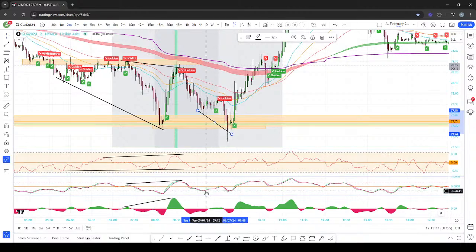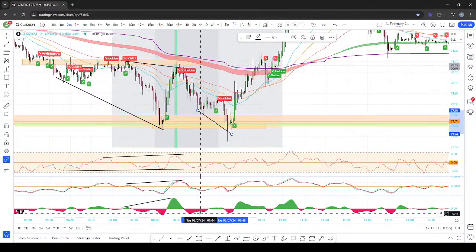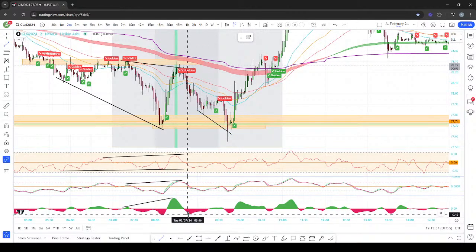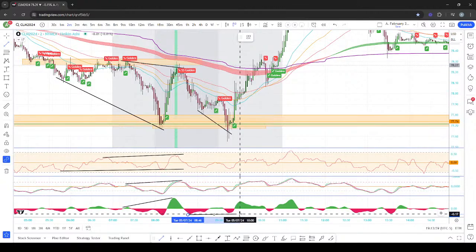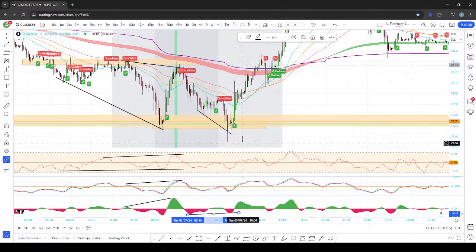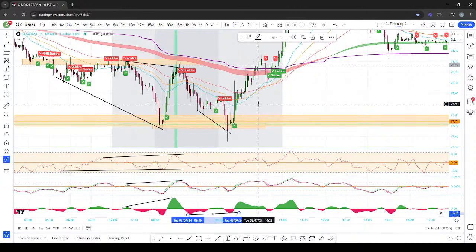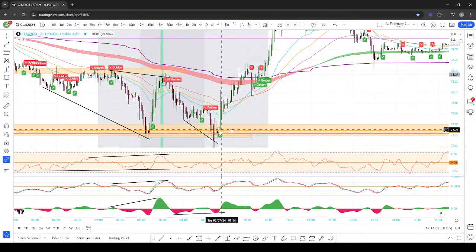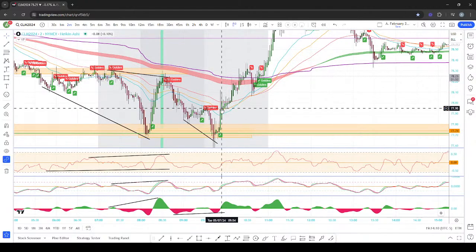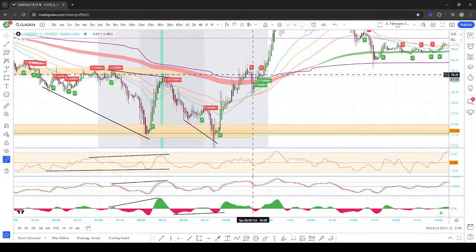This is going in the same direction. This as well is going in the same direction, but I am getting that nice bullish divergence down on the TTM squeeze right here, which then you just wait for the signal, which shows up a few bars later, and you can take this up for some points.